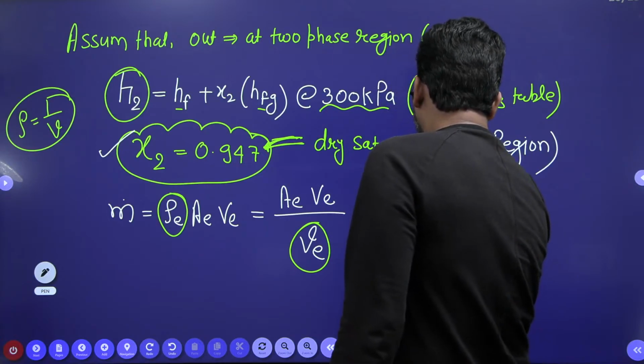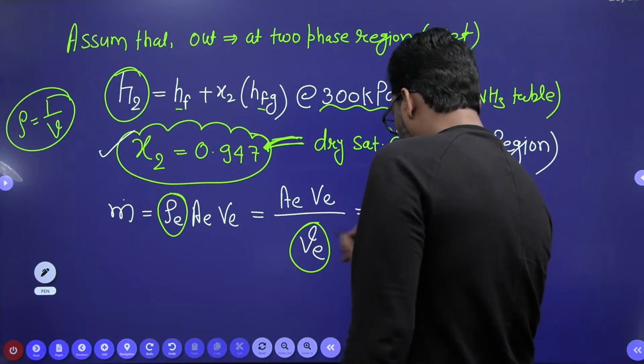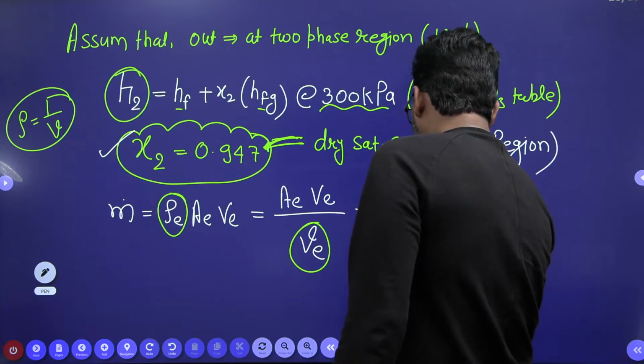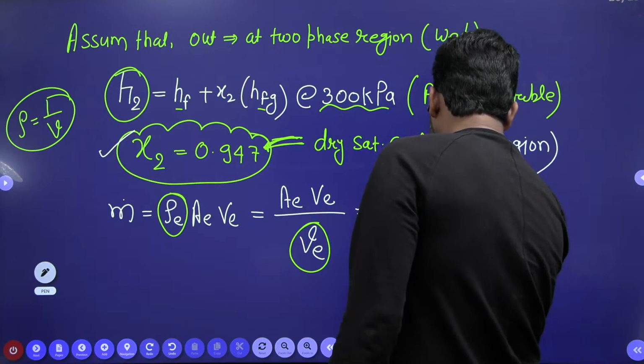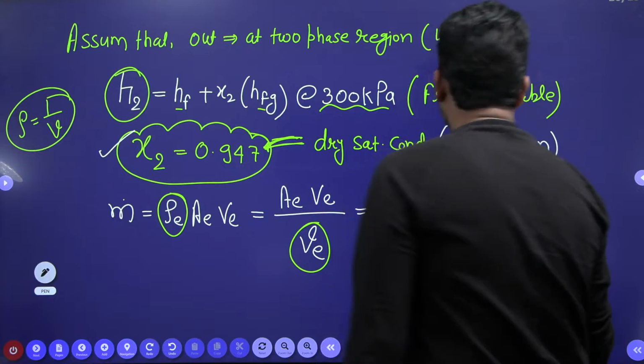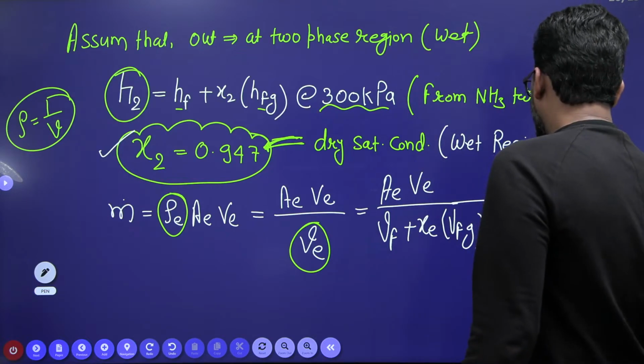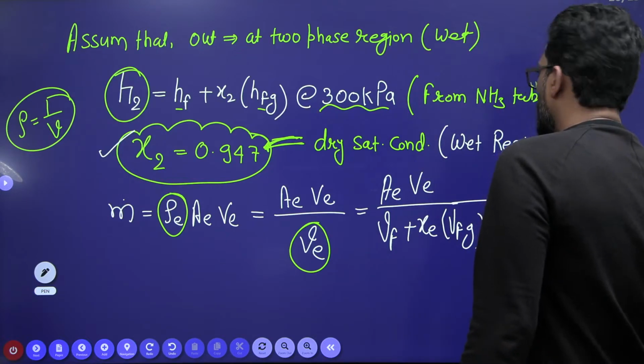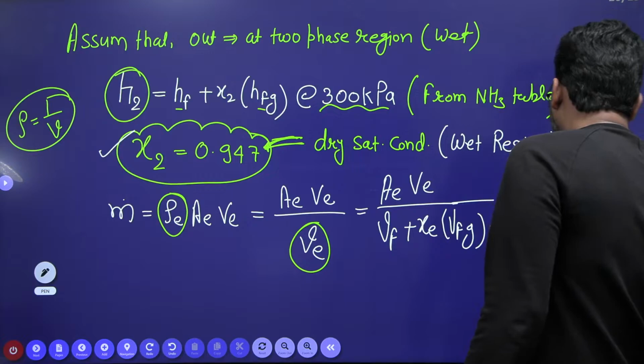So we have Ae and ve, and what is ve? ve is vf plus xe vfg, and this is at 300 kilopascal.